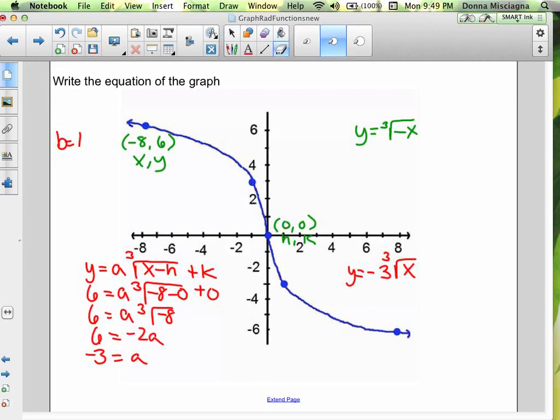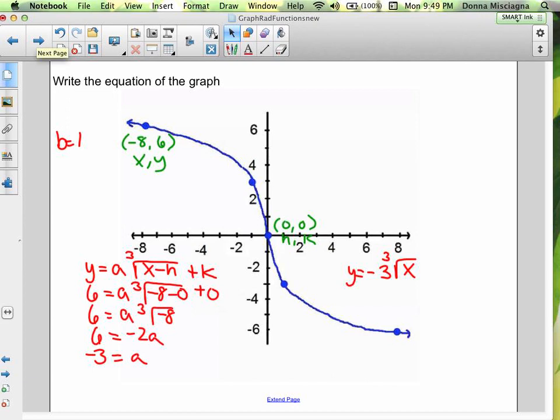Let's just say, how much difference is there between y equals the cube root of negative x as opposed to y equals the negative cube root of x? Take a look and see if both of them graphed and see what they both look like. See how much difference there is. But we can talk about that in class. I should finish our Nearpod.